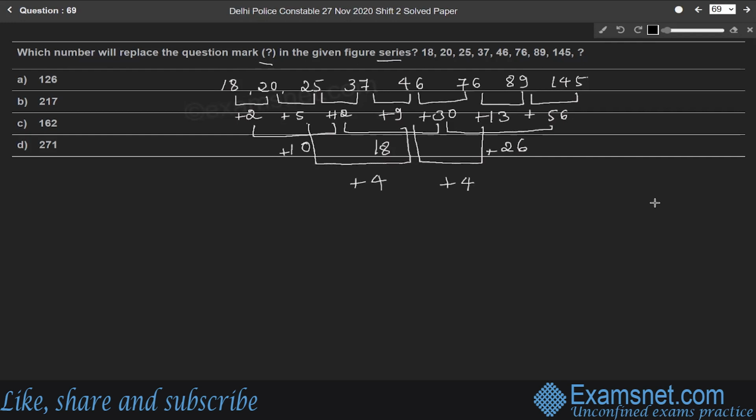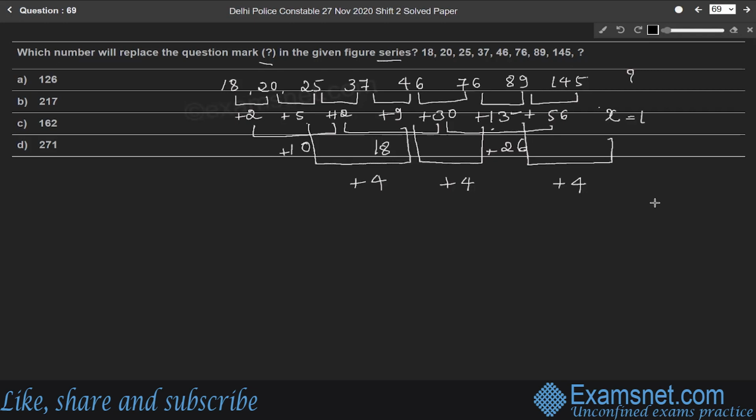So the next difference has to be the difference between the 7th and 9th number, and the difference must be plus 4. If the difference from 13, let it be x, is plus 4, then that difference has to be 17.